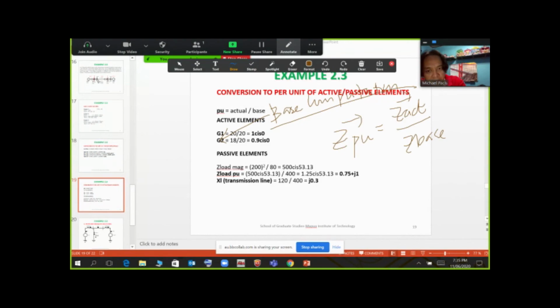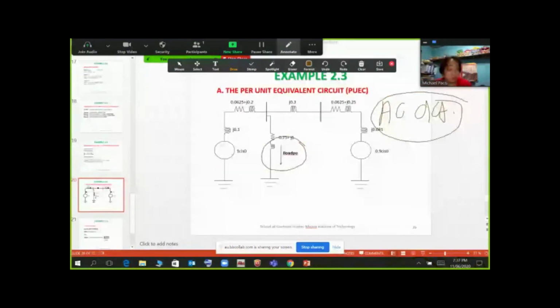And thus, we can conclude already, all of the parameters that were computed on the last few slides, we interconnect them as we have expected, and you will have this per unit equivalent circuit. As I mentioned, this is an AC circuit, so use your AC circuit fundamentals in order to get the current there.